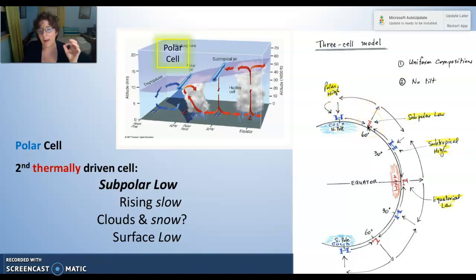Remember, this surface low will be called a subpolar low, and it is the result of our mnemonic that says rising slow, clouds and snow, surface low. By moving that air out and up and over to the low pressure zone in the atmosphere, we are effectively taking air molecules out of the column here, creating a surface subpolar low.